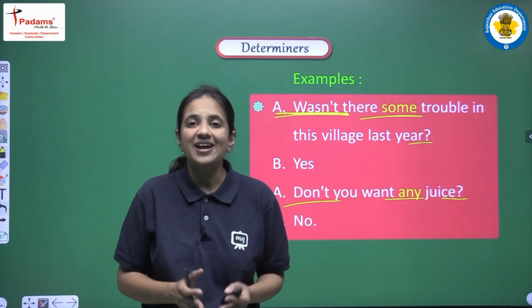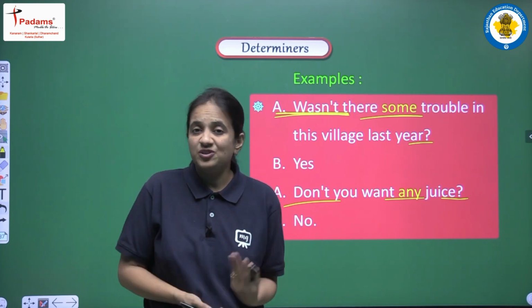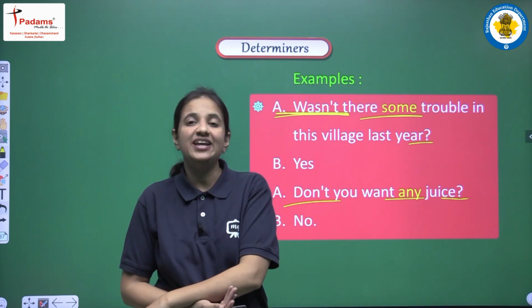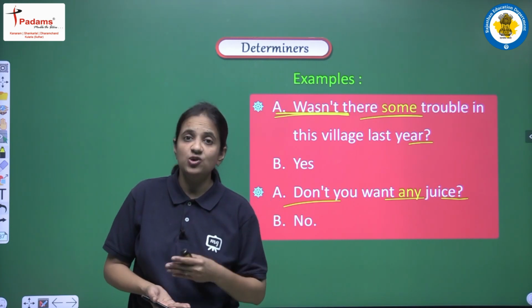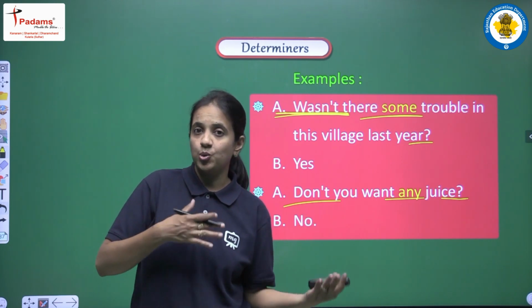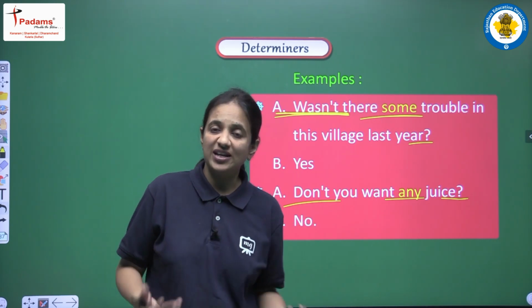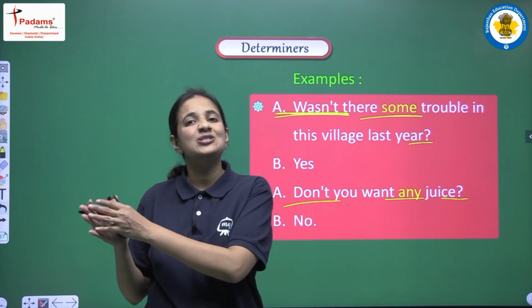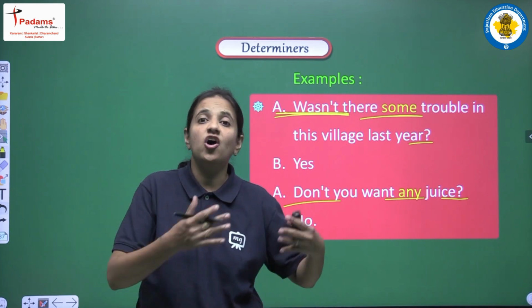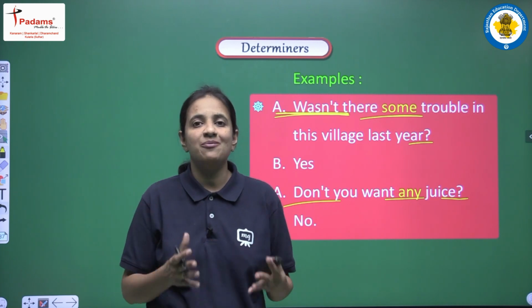But yes, we are having so many exceptions also that we have discussed already, that if the sentence is interrogative but in that sentence we are having a request or offer, then also we have to use some, and many more exceptions that we have discussed. We have seen so many examples also. So all these are the uses of some and any.